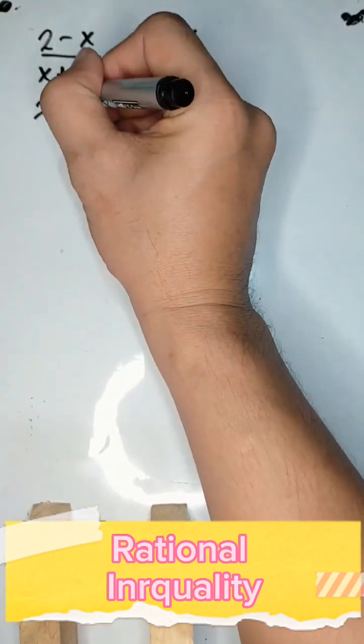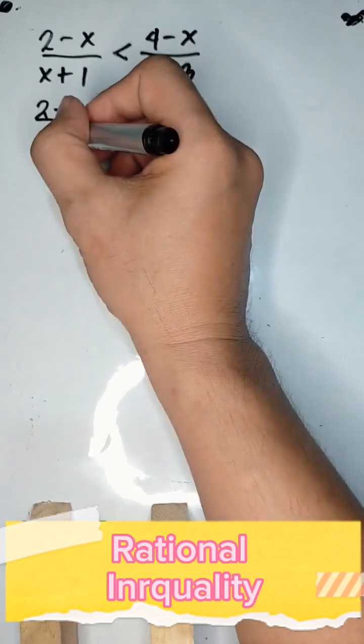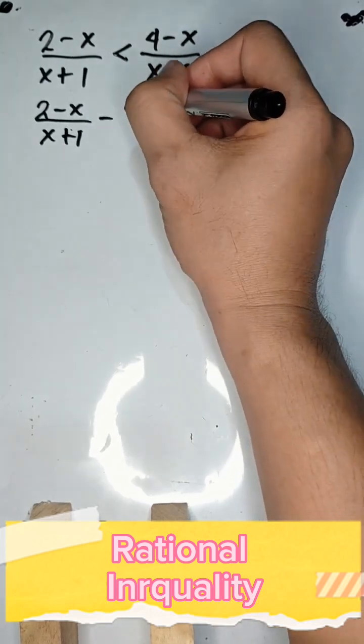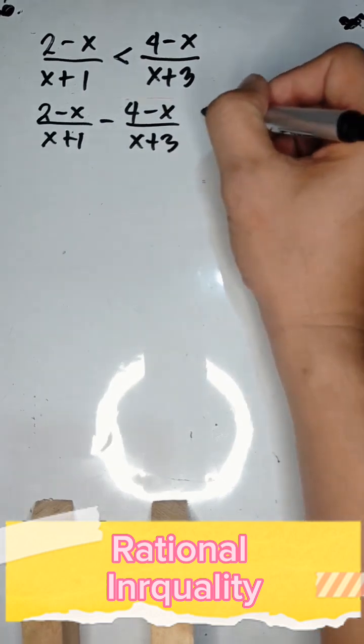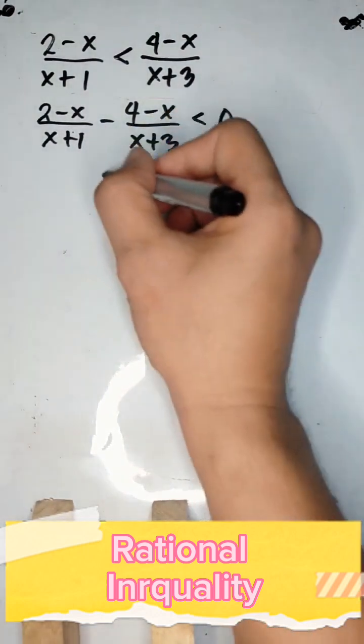It's gonna be (2 minus x) over (x plus 1), minus (4 minus x) over (x plus 3). The right side is gonna be 0, and then take the LCD here.